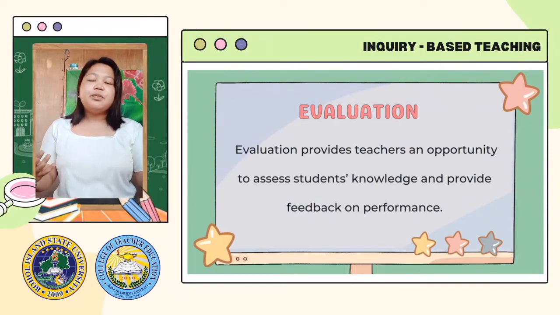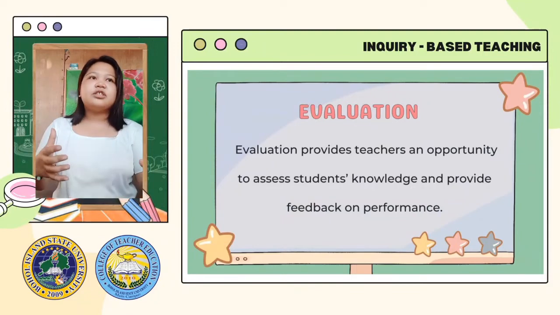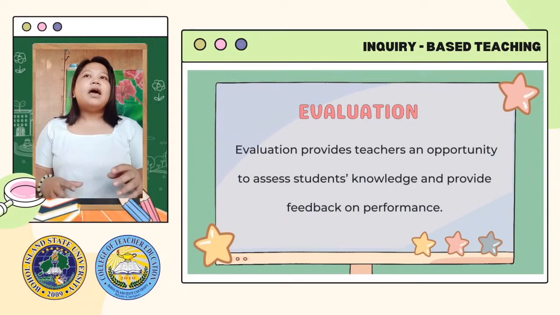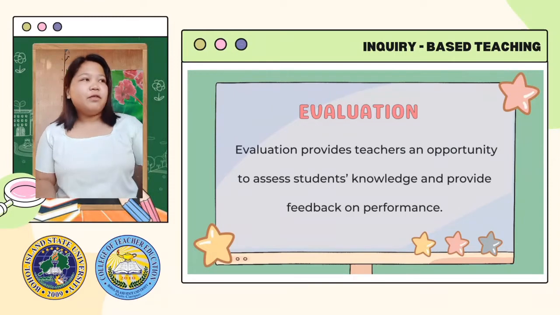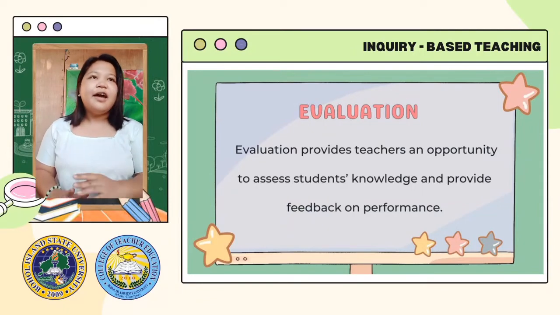It provides teachers an opportunity to assess students' knowledge on the concept that they have discussed or learned from that lesson, and an opportunity to provide feedback on the strengths and weaknesses of the students from that certain lesson.